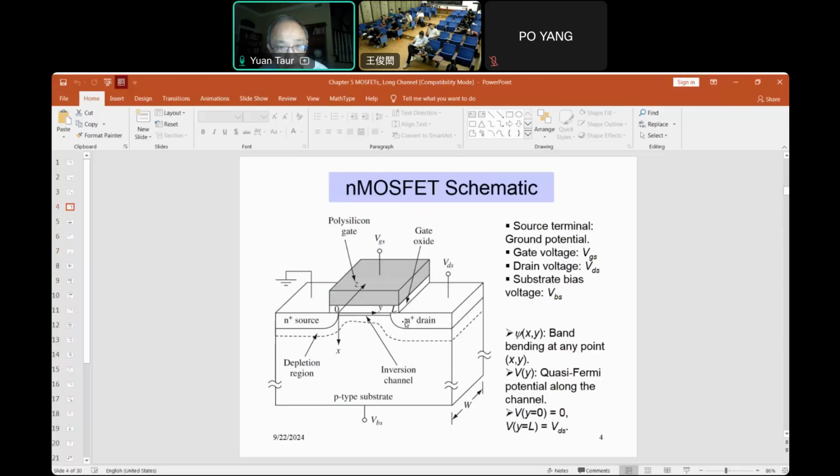So this is like the non-equilibrium MOS that we discussed earlier today. The reverse bias is essentially a function of y, because v is a function of y. So v can be considered as the reverse bias of the p-n junction at y, which is 0 at the source and VDS at the drain.